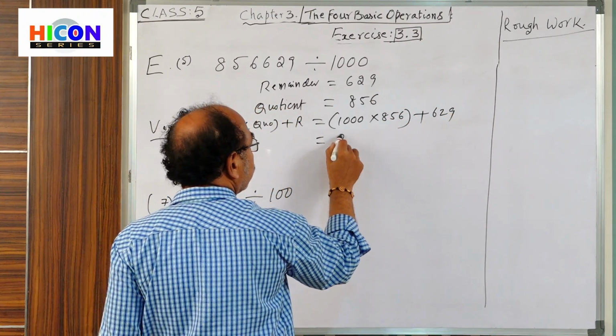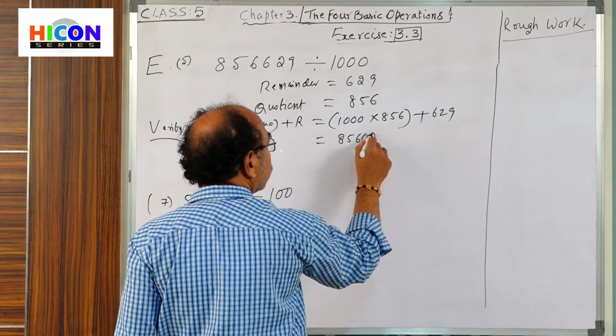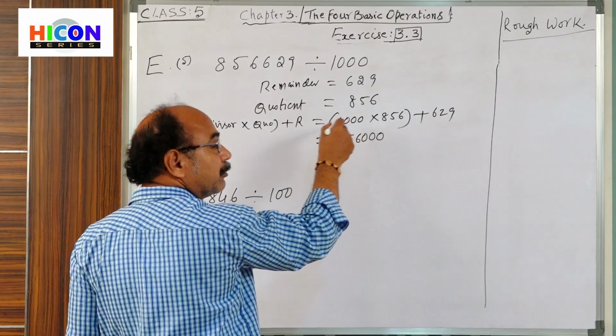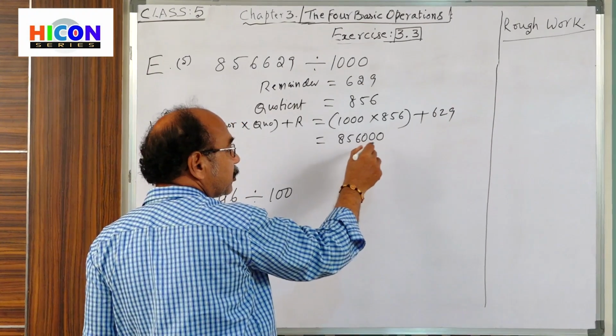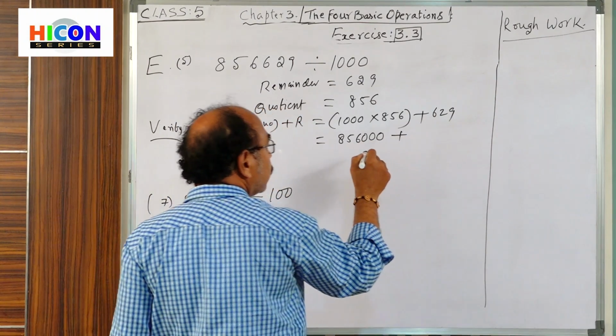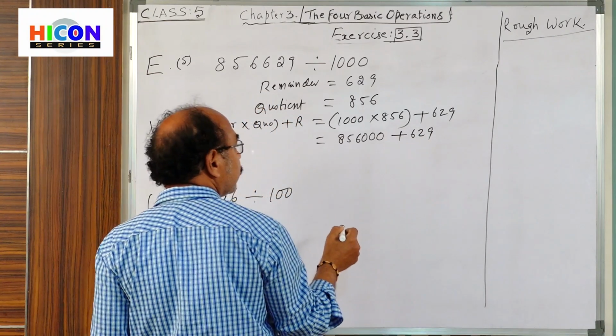Multiply 856 here. Simply keep 3 zeros, because we are multiplying by 1000. That's why we simply keep 3 zeros at the last. Plus now 629, add.